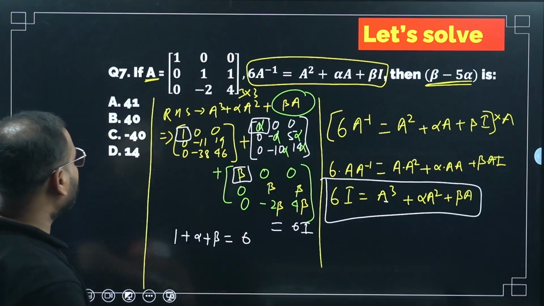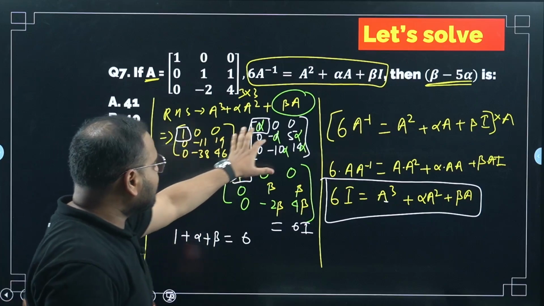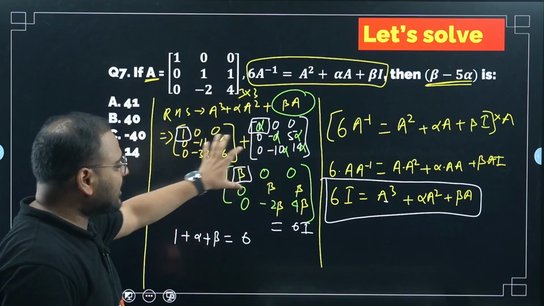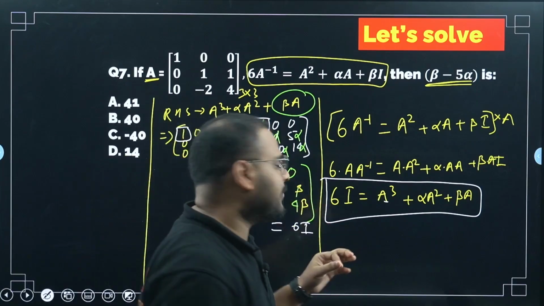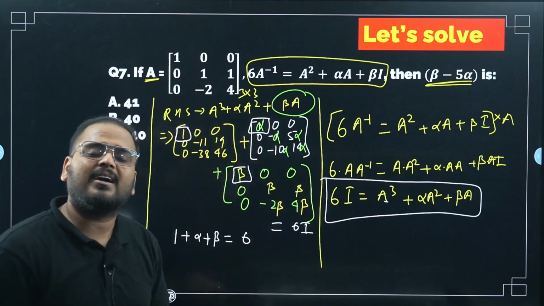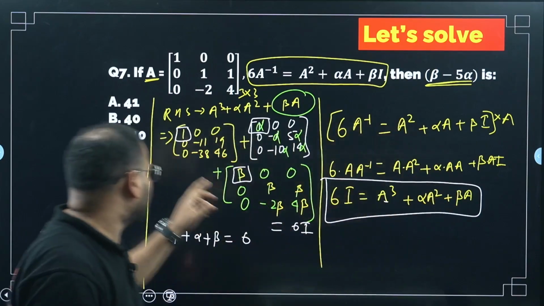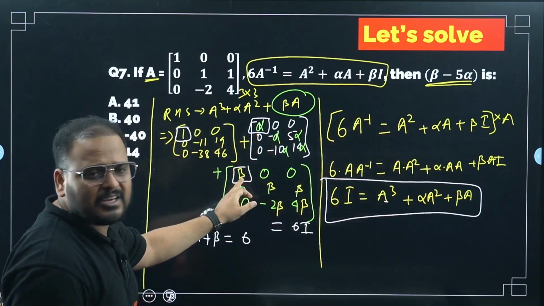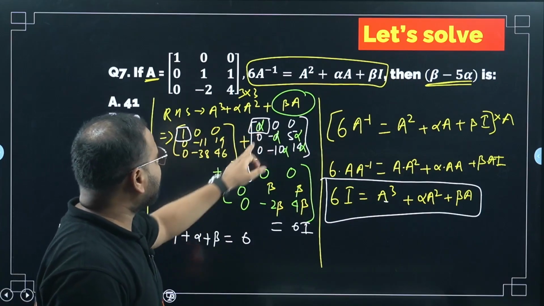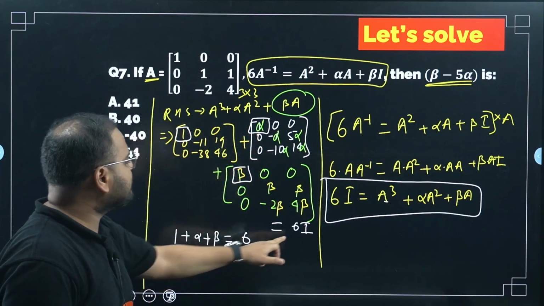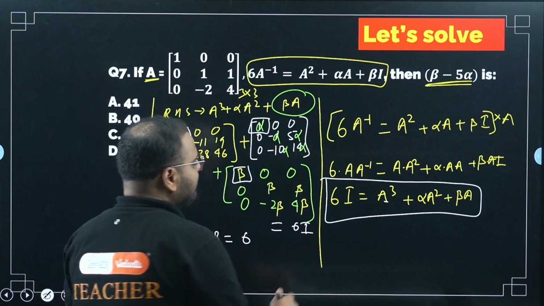Think how. After multiplication, whatever the number, whether it's a variable or a number, if I'm adding, I add all the first elements together. So A11, B11, C11: 1 plus alpha plus beta is equal to 6. How does the identity matrix look?